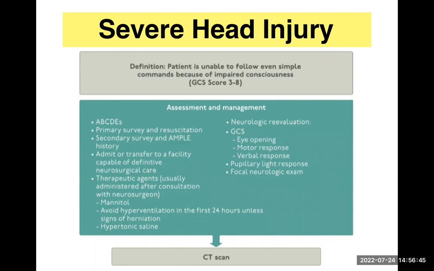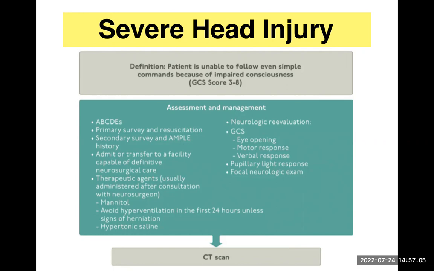We must approach the patient by algorithm, assessing the patient A, B, C, D, E, and treat the A, B, C, D, E, primary and secondary survey, and transfer to a facility that is capable of giving neurosurgical care to the patient.